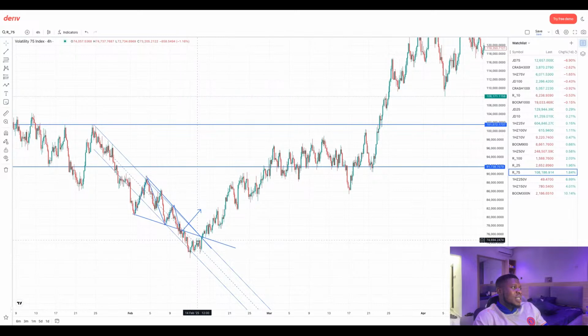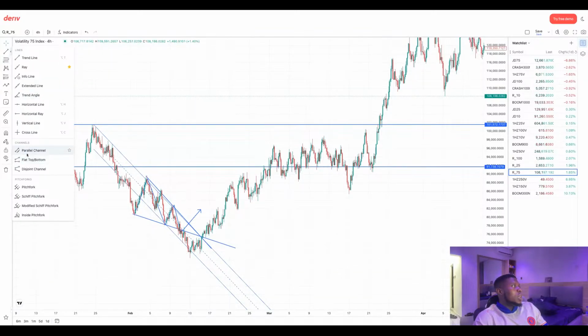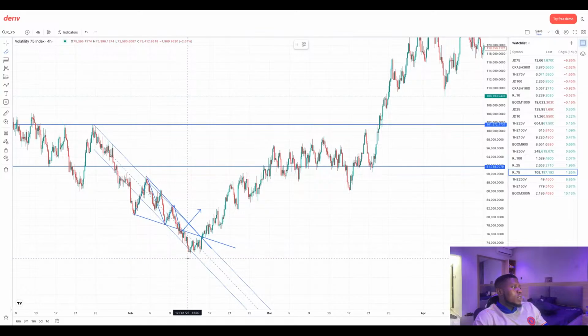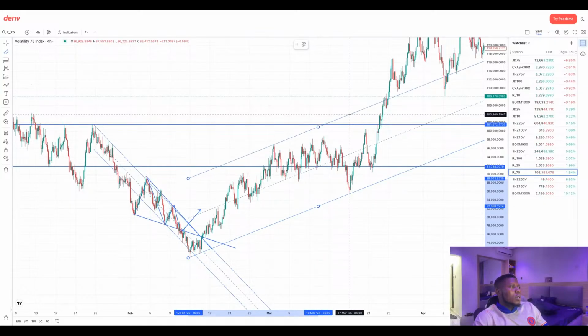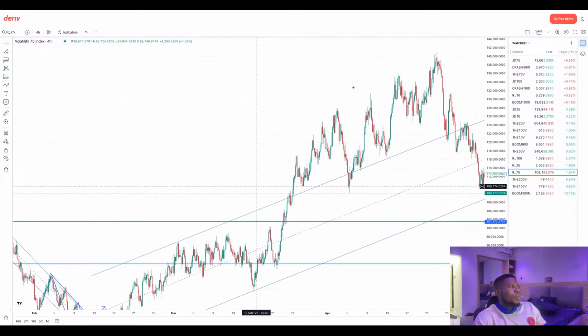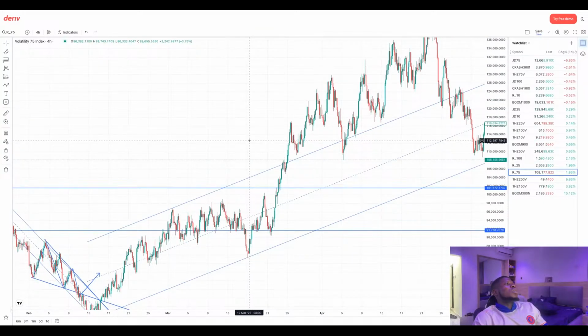When this reversed, it's targeting this place, and when this touched here, it formed another trend. So this uptrend began from this place. And I need to draw the uptrend down to this place. I need to draw this. Okay. So this is what I got.